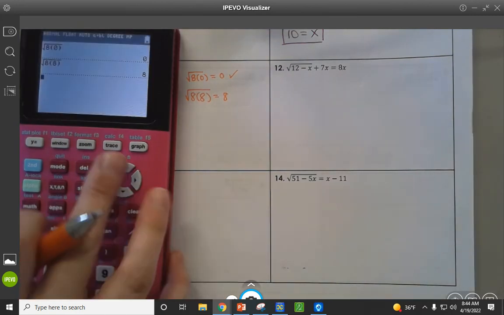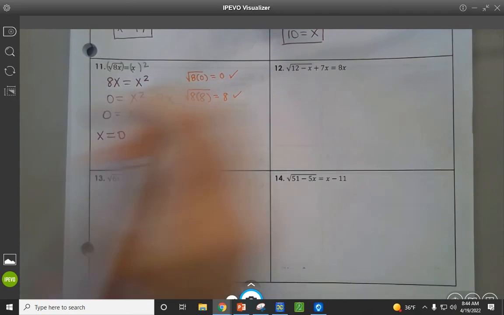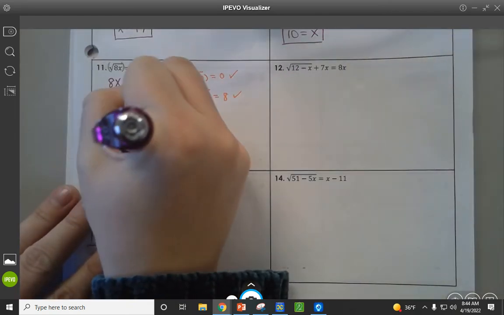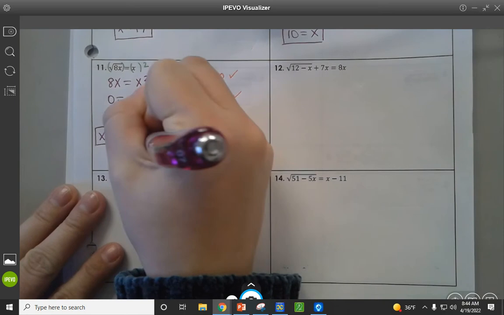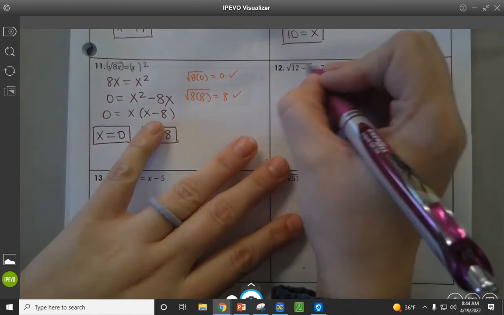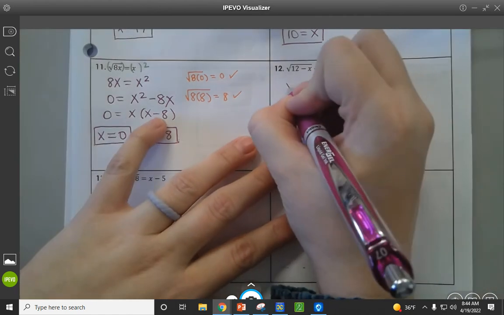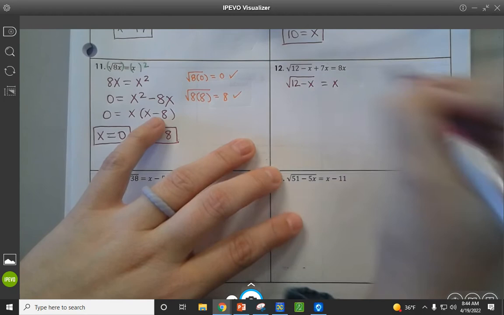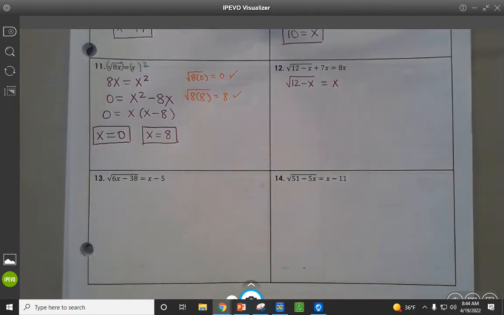Number 12, what do I do first? Subtract 7x, and we'll get the square root of 12 minus x equals x. And then raise both sides to a power of 2. And this gives me 12 minus x equals x squared.